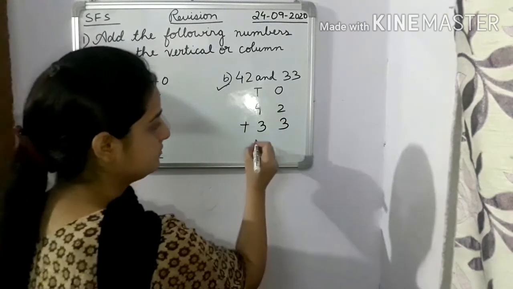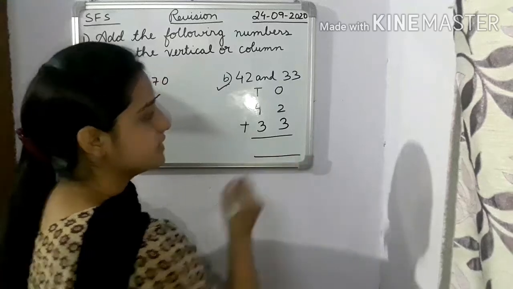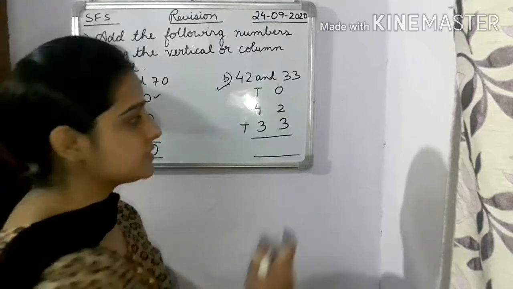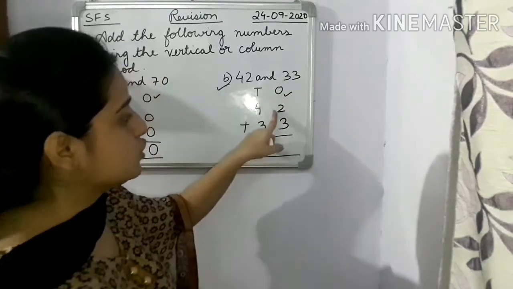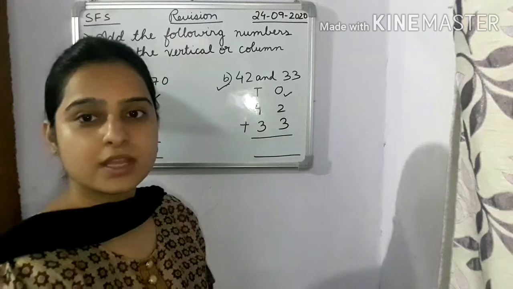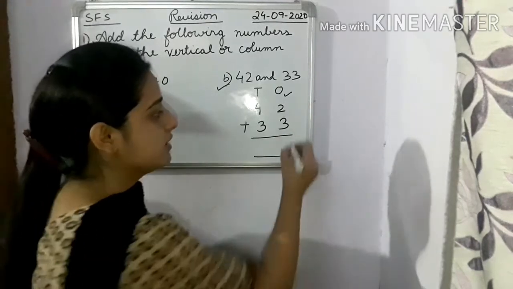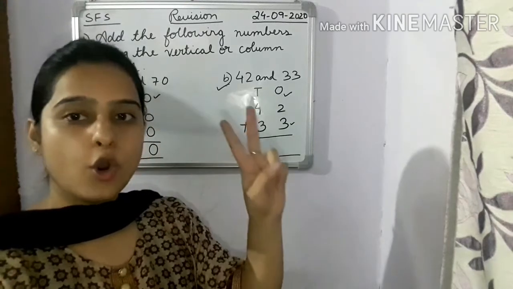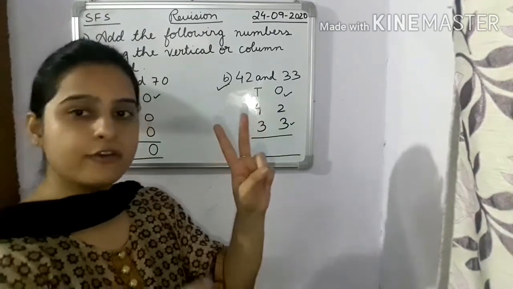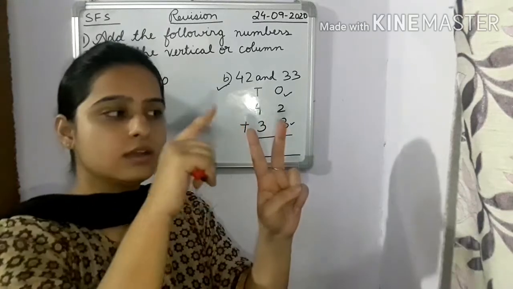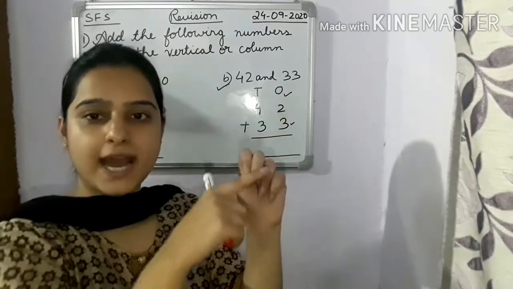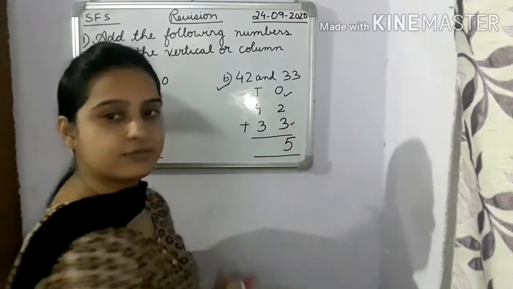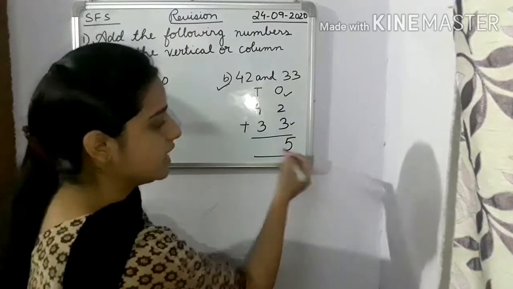Clear? Now we are going to add these two numbers. In addition we always start from which place? Ones place. So 2 plus 3 is what? Bigger number is which, children? 3 is a bigger number, isn't it? Keep bigger number in your mind. Open two fingers and after 3 you start counting 4, 5. So 2 plus 3 is 5.